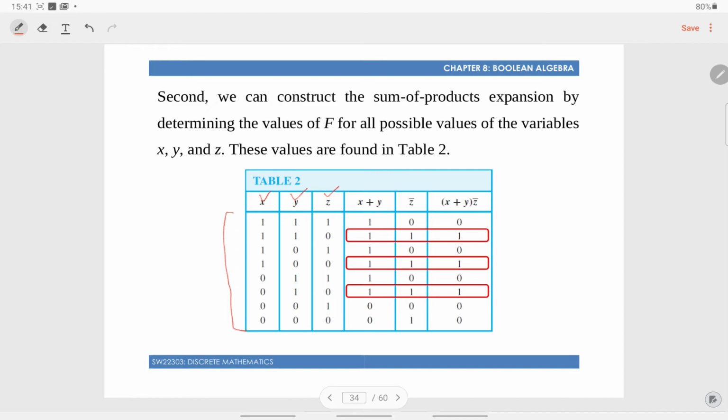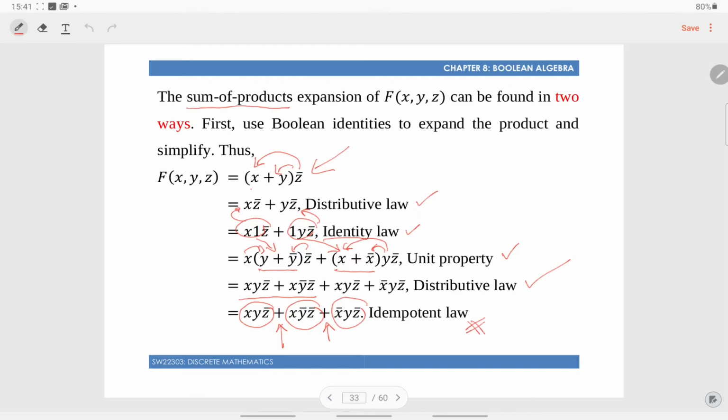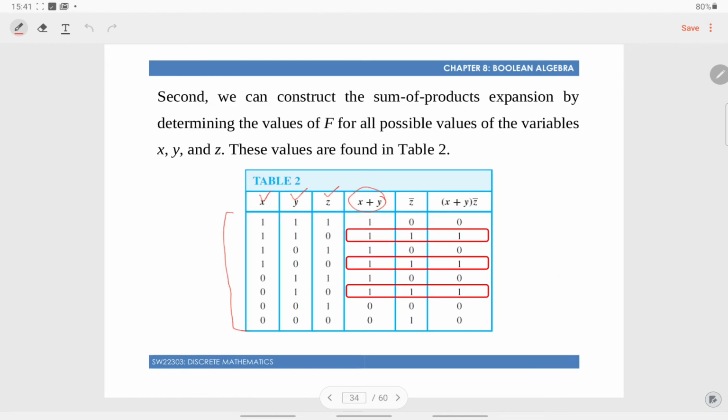Then we put in the expression, x plus y, multiplied with z complement. We have z complement, and then this is the output. So we consider all outputs equal to 1, and our interest goes to this side.